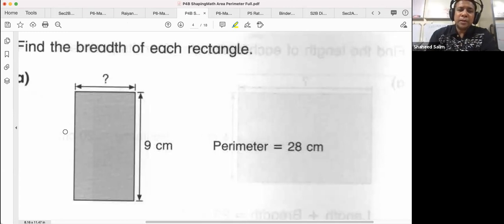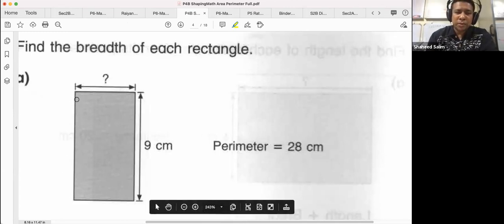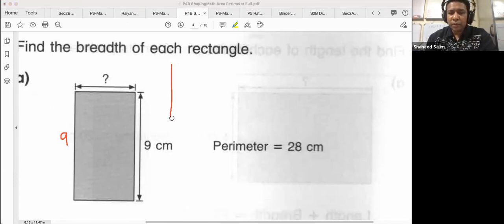Okay. So Neris, how much is this one? This is 9 or so. So if you have a rectangle now, and they tell you, this is 9, this is 9. And we do not know what these two are.